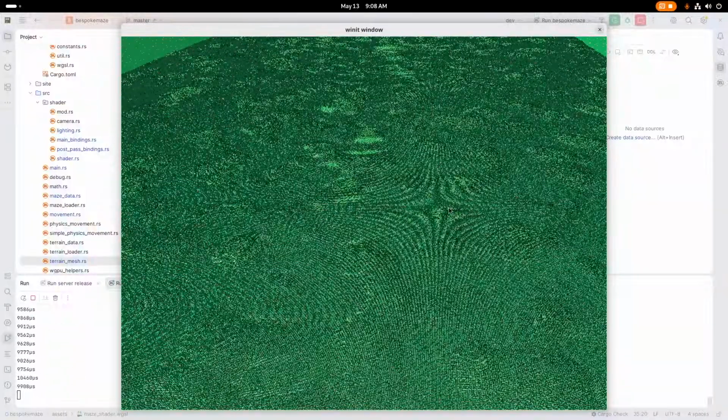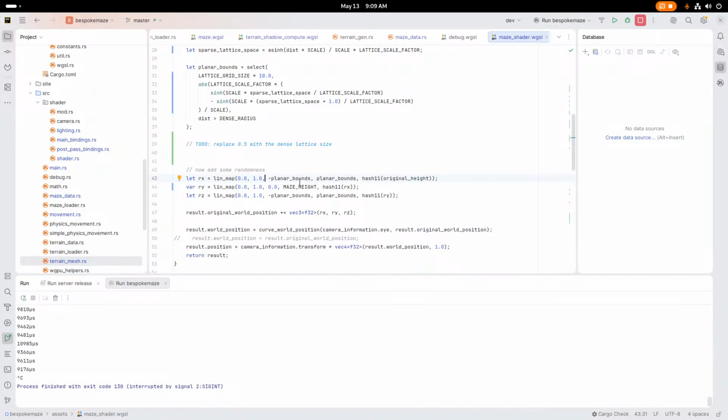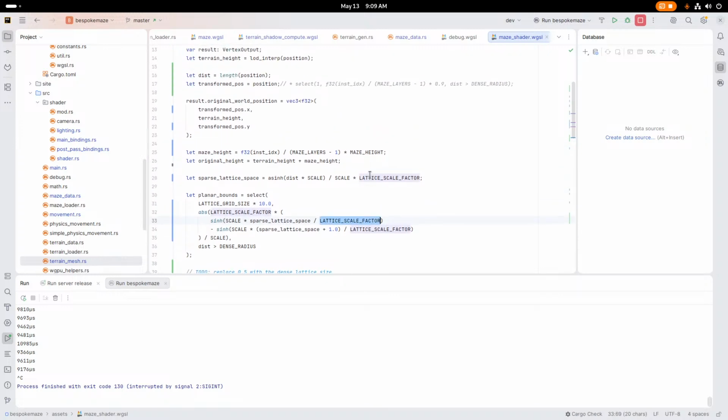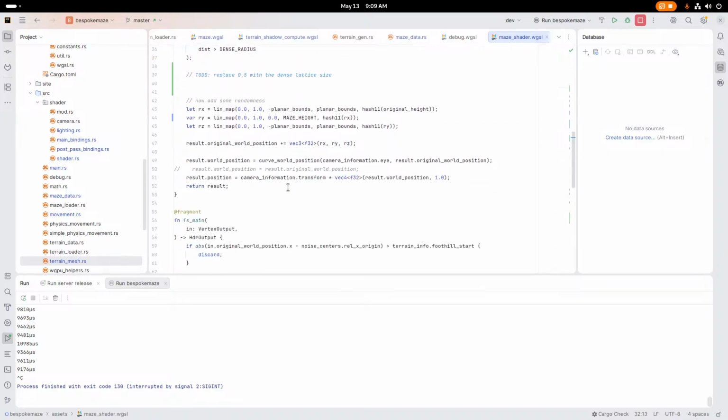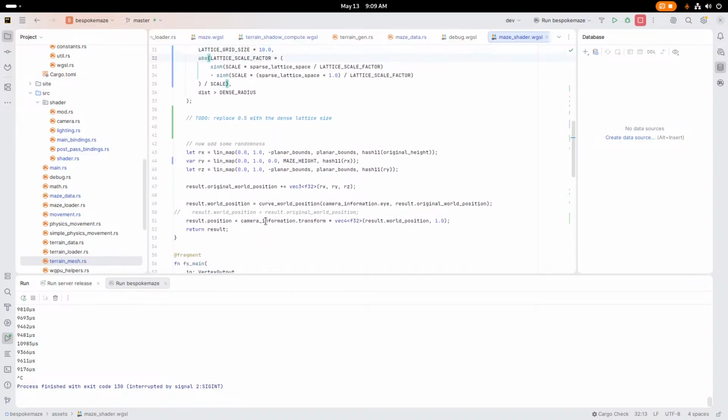Yeah, I think that's probably the issue, is that the planar bounds is more correct, but... well, I don't know.